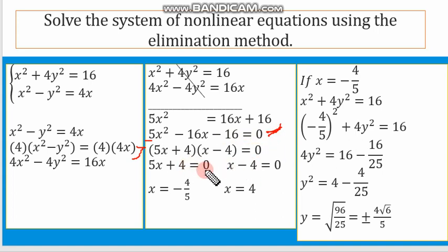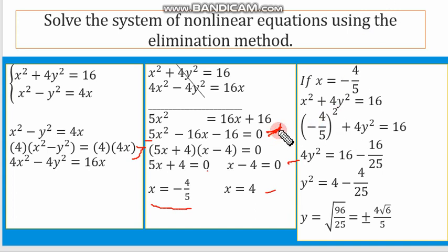So 5x plus 4 is equal to 0. Transpose 4, so it becomes negative 4, and divide both sides by 5. So x is equal to negative 4 over 5. Then x minus 4 is equal to 0, so our x is equal to positive 4.